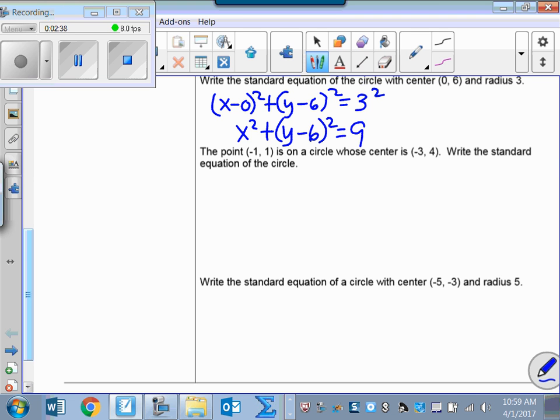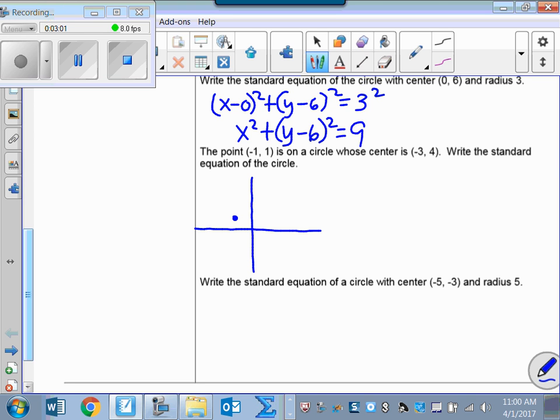All right, let's see what else we might run into here. The point (-1, 1) is on a circle whose center is (-3, 4). I better sketch this out. And these circles, you do not have to use your compass to draw them, but you should do a sketch just so you can see what's going on. Always do a sketch, right? So let's see, the point (-1, 1), let's say that's about right there.